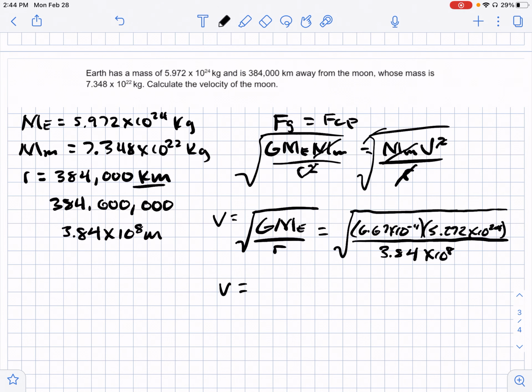And when you punch that in the calculator, you should end up with about 1,018 meters per second, which is really fast, right? Doesn't seem like it because it's so far away, but that's our velocity there of the moon.